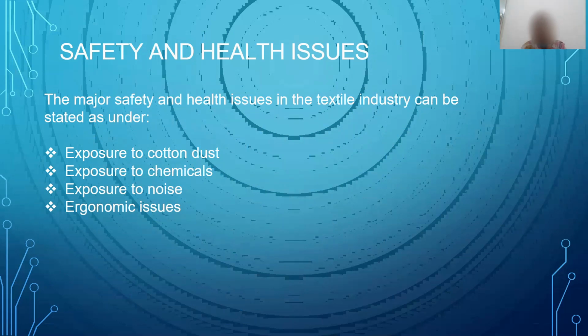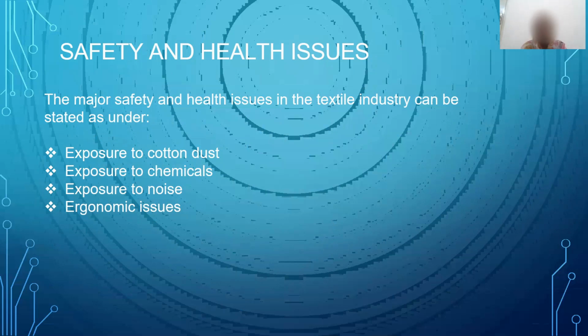I think to improve safety and health, the industry should provide proper light at the place of work so that eye strain can be avoided, and workers should be provided with earplugs so that exposure to noise can be reduced.